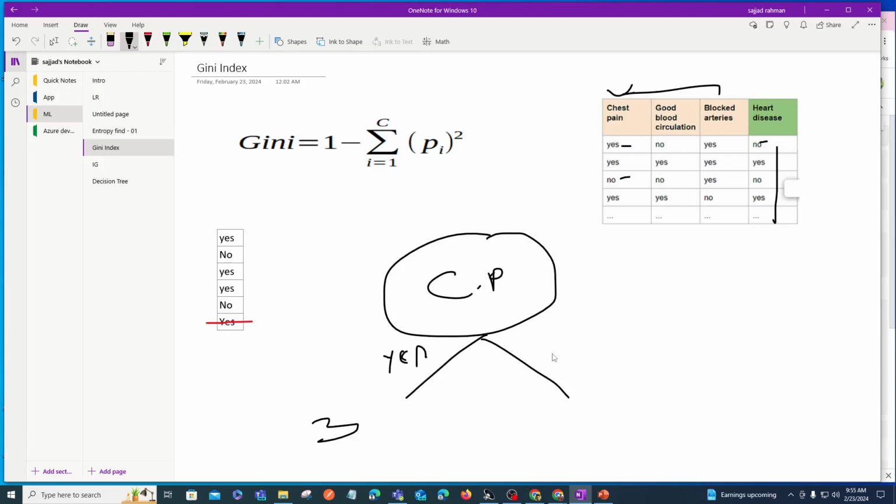So how do you find the GINI index for this? We simply have to calculate it 2 times. For the left node, we can see that there are 2 positive and 1 negative. Total number is 3, and we have 1 by 3.